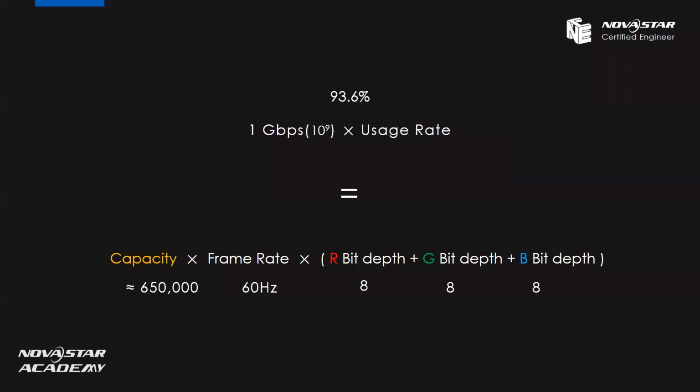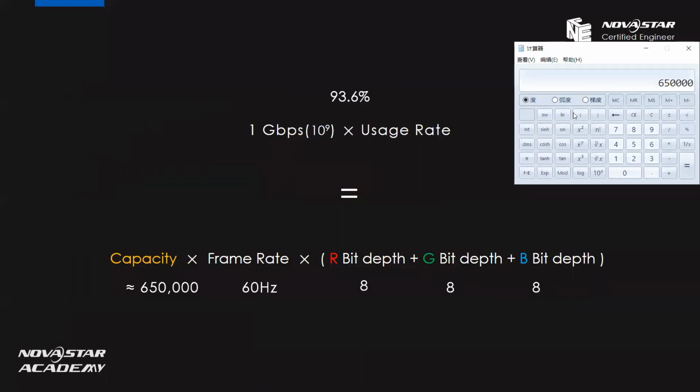Okay, but sometimes in some European countries, the customer may test the frame rate at 50 Hertz. So what about the loading capacity? Also, we can use the calculator to get the result. 1 gigabits, divided by 50 Hertz.